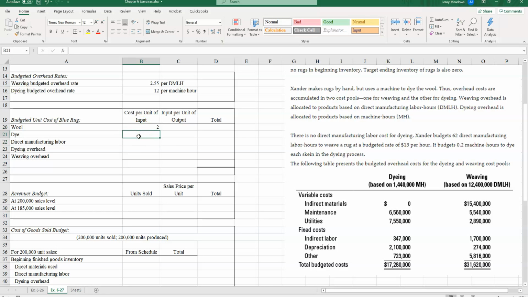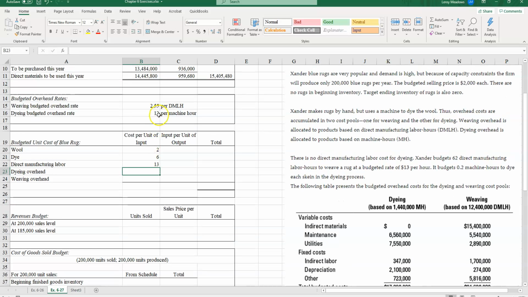What is the dye cost per gallon? $6. And how much is direct manufacturing labor? We're told that the budgeted rate is $13. And how much is our dyeing overhead allocation? Our overhead allocation is $12 per machine hour. And then our weaving overhead is $2.55 per direct manufacturing labor hour.